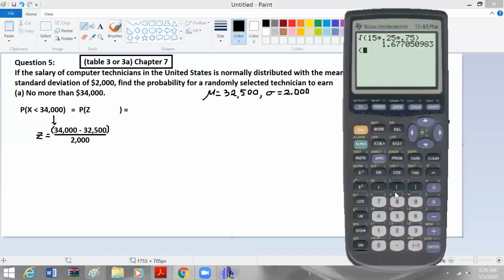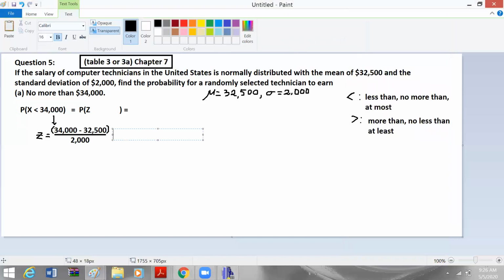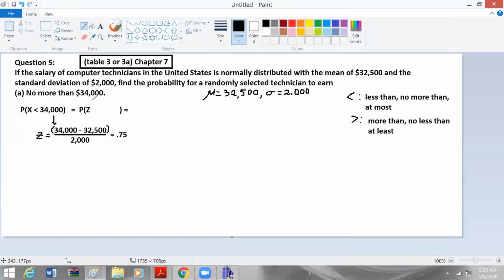We take 34,000 minus 32,500, and then we divide it by 2,000. So we got the answer, which is 0.75. So this is the z-score of 0.75, so I'm going to put it down as positive 0.75.